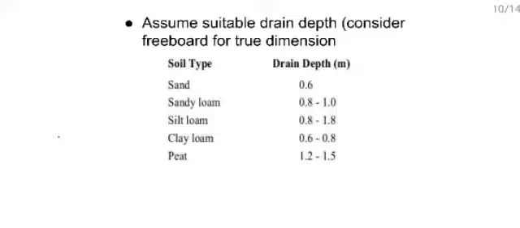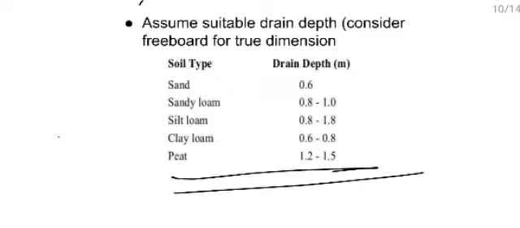If we want to find the dimensions, you can use area and R. While moving forward with the calculations, if you assume a circular cross section, you will not find any difficulty, but if it is rectangular or some other shape, you may find some difficulty. So what you have to do is assume the drain depth based on this.